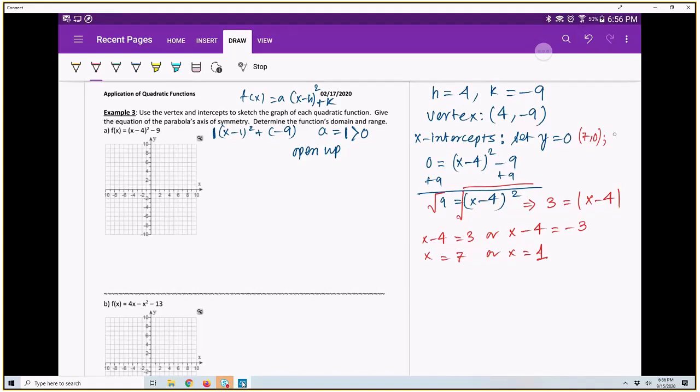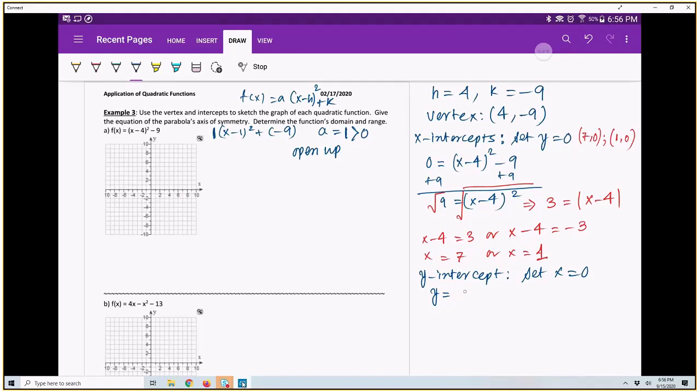Similarly, we're going to find the y-intercept. For the y-intercept, I am supposed to set x equal to 0, because this is the point on the y-axis. That means I will get y equal to, we can think of f(x) as y, so put x equal to 0 in the given equation.